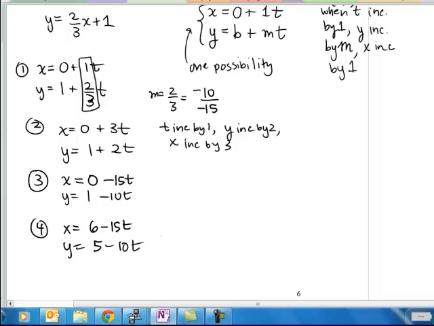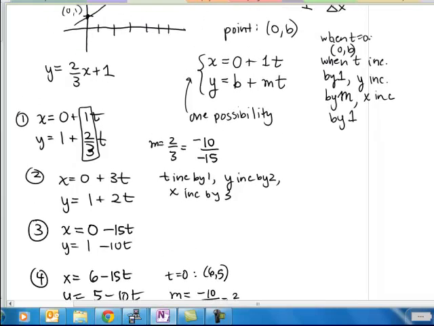It's going to trace out the same line. When t equals 0, we'll have the point 6,5. And the slope will be the coefficient on t in y to the coefficient on t in x. So same line as we had, just a different way of defining it.